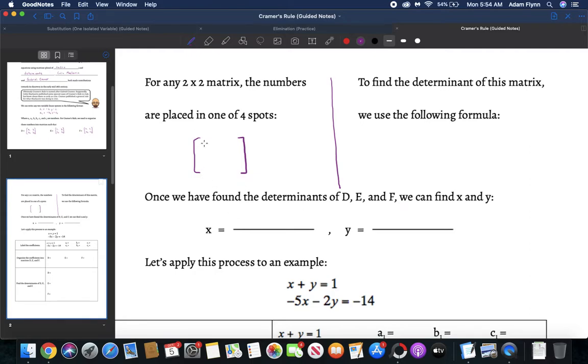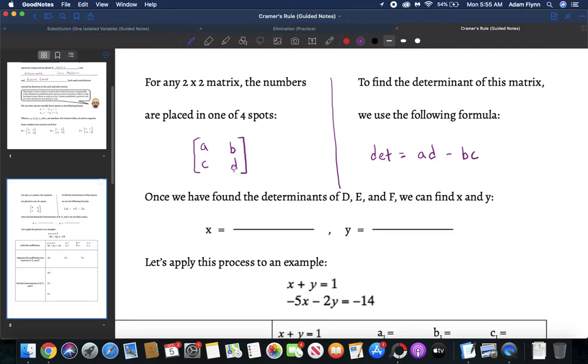I have a in the upper left, followed by b, c in the bottom left, and d in the bottom right. Okay? To find the determinant of this matrix, we can use the following formula. A determinant of a 2 by 2 matrix is going to be equal to ad minus bc.